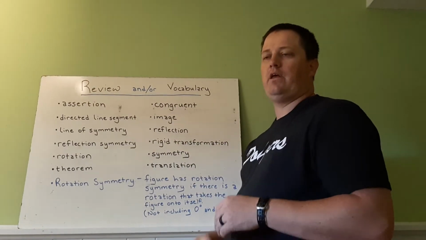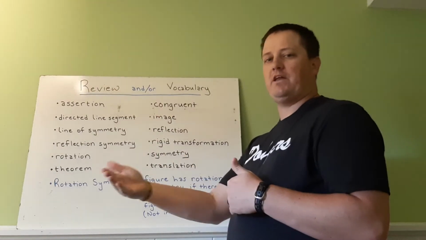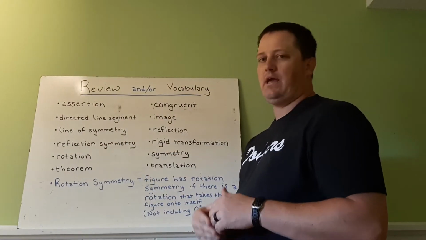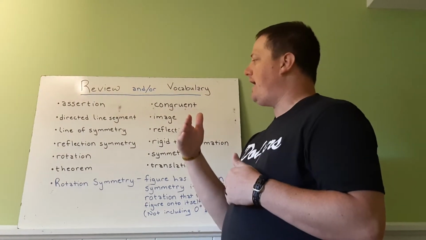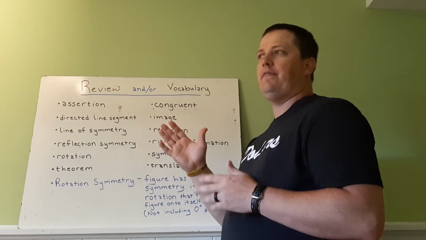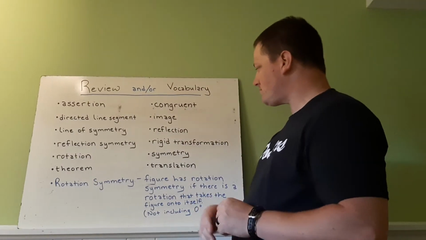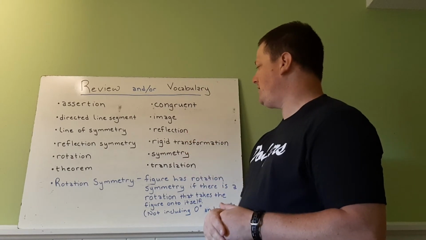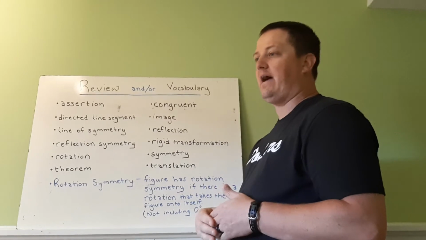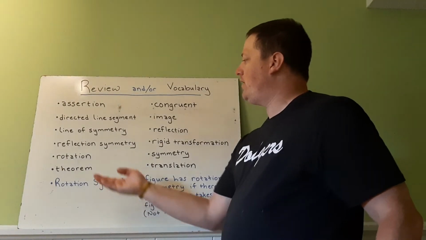Reflection is using a line of some sort to create a mirror image on the other side of the line. Reflection symmetry is when you can draw a line of reflection and the figure folds on top of itself. Rigid transformation, remember, is any transformation that does not change the size of the figure when you make an image.